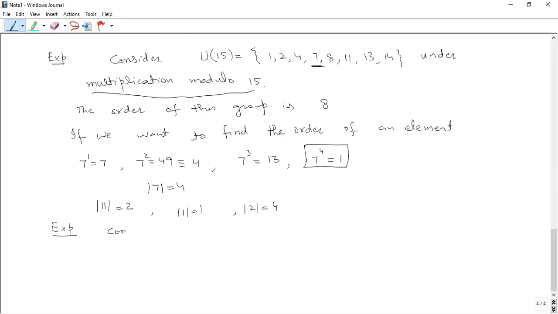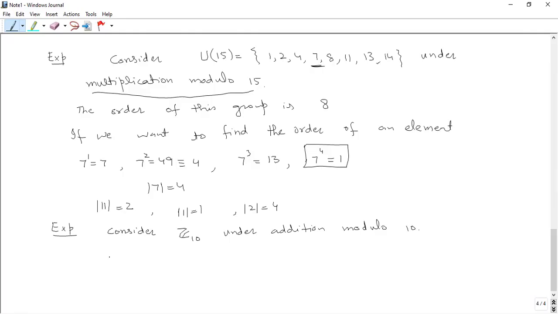consider Z10. This is also a group under addition modulo 10.